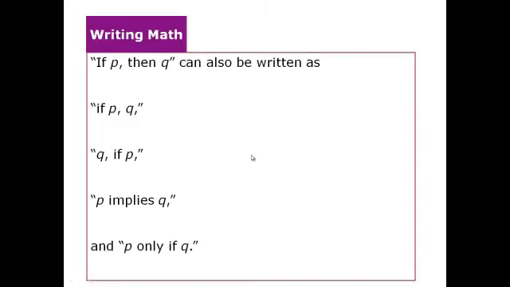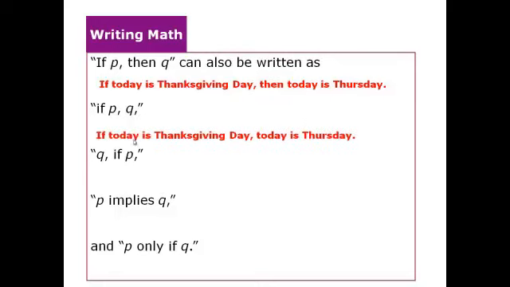Okay? Now, what you need to understand, though, is that they don't have to be written as if, then. It could be if P, then Q, such as if today is Thanksgiving Day, then today is Thursday. This being the hypothesis, the P, this being the conclusion, the Q. But it could also be if P, Q, such as if today is Thanksgiving Day, today is Thursday.